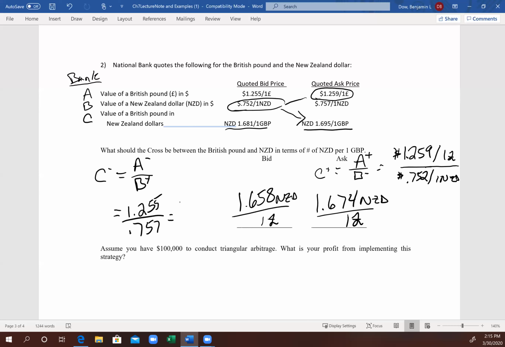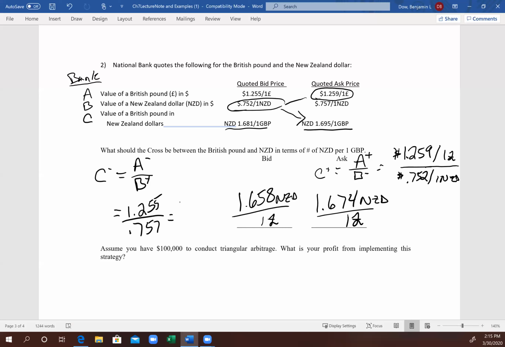Well, if we go back and remember, we can buy pounds with New Zealand dollars. We can buy pounds from Bank C, but we should be paying 1.674 New Zealand dollars. Instead, Bank C is charging 1.695, which again means it's not really a good deal.